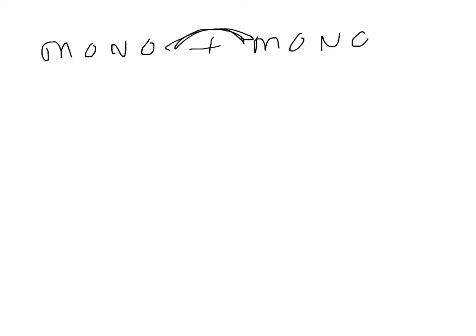If we put 2 monosaccharides together, bond them together, not just mix them together, but bond them together, we get what's called a disaccharide.